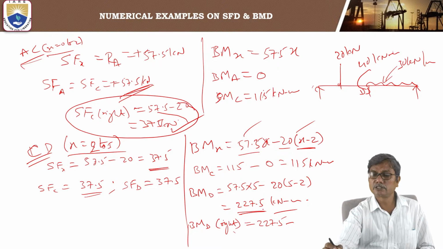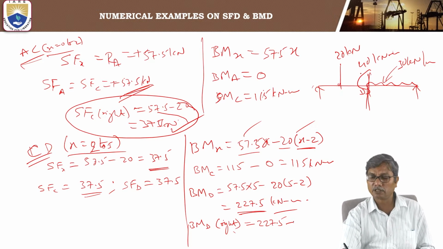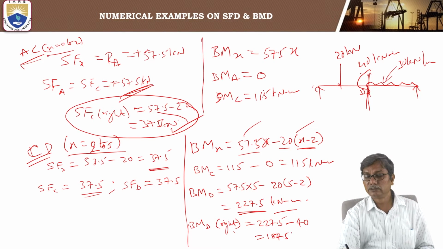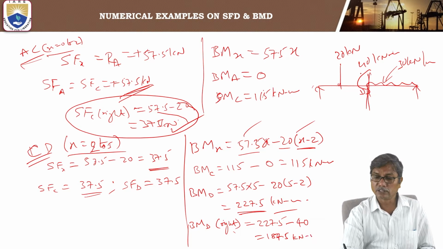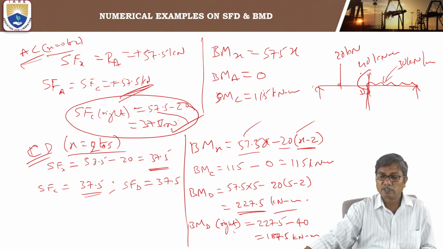When you consider the section just to the right of D, this 40 kilonewton meter couple comes into picture, which is anti-clockwise, so that is deducted. So the moment at D just to the right of section D is 187.5 kilonewton meter.